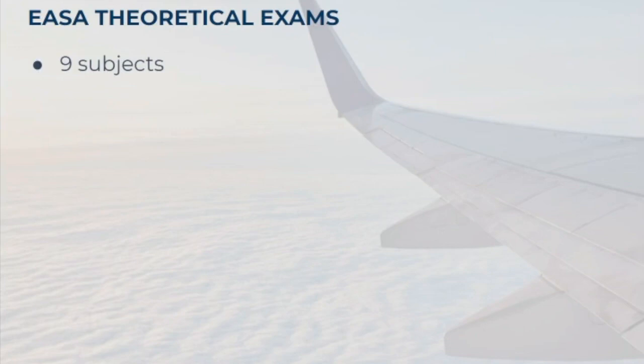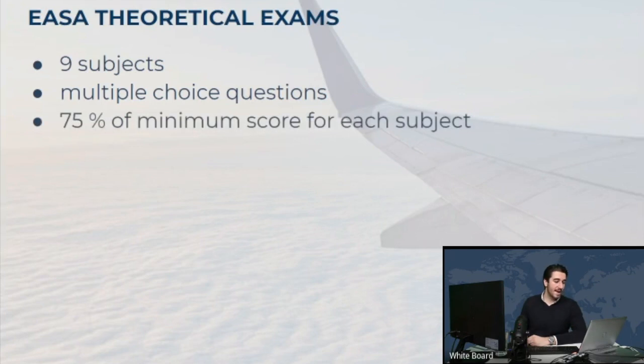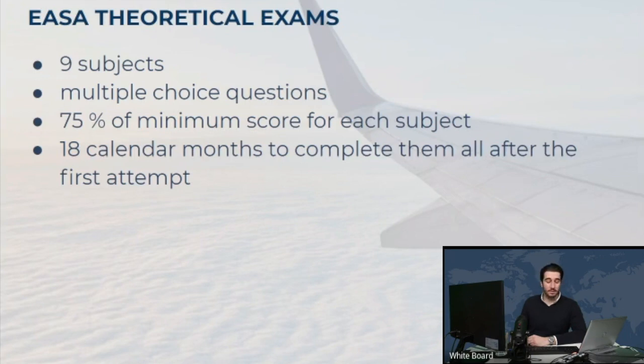Now, for your PPL, you will have 9 subjects, multiple choice questions like the one we've just done together about ICAO. You will need a minimum score of 75% in order to pass each and every subject. You have 18 calendar months after the first attempt.